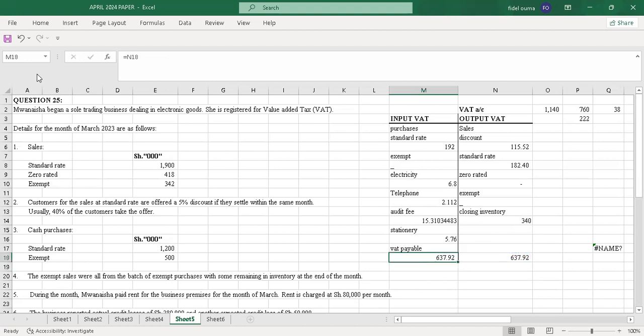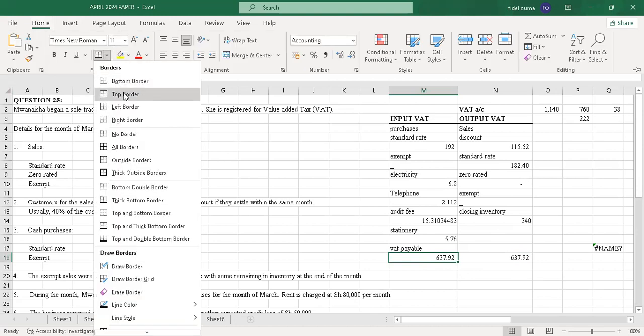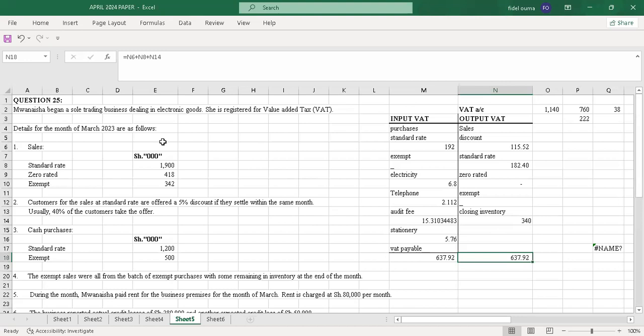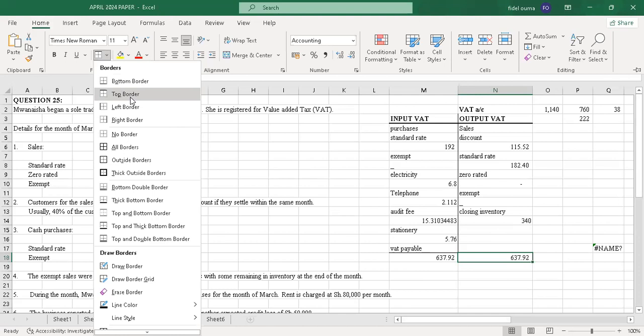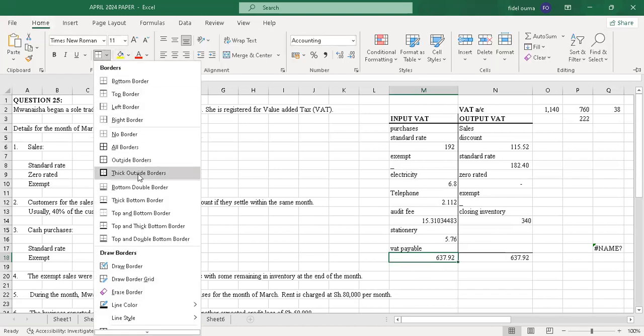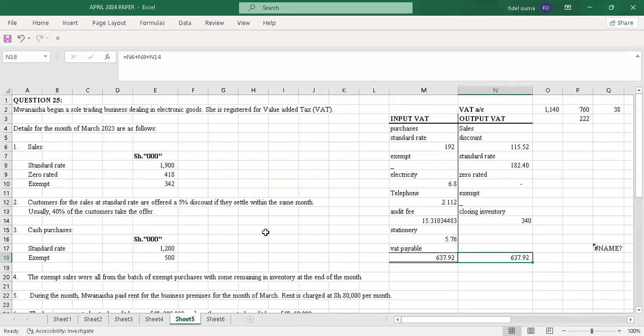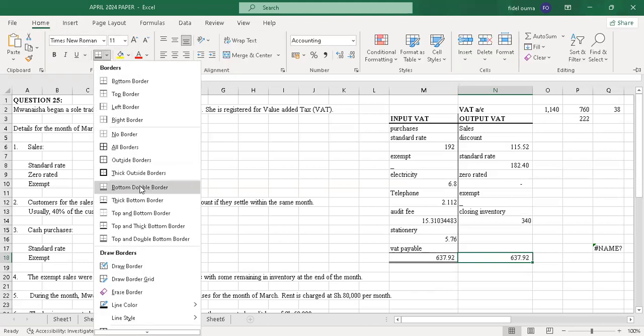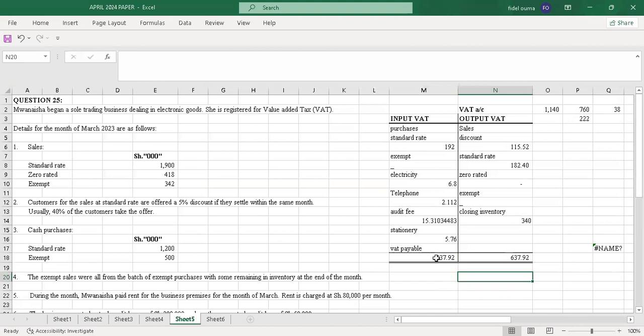I'll create the top border here and here. Then I'll create the bottom double border to close the account, and do the same here. Let me bold this so that you can see it clearly on your side.